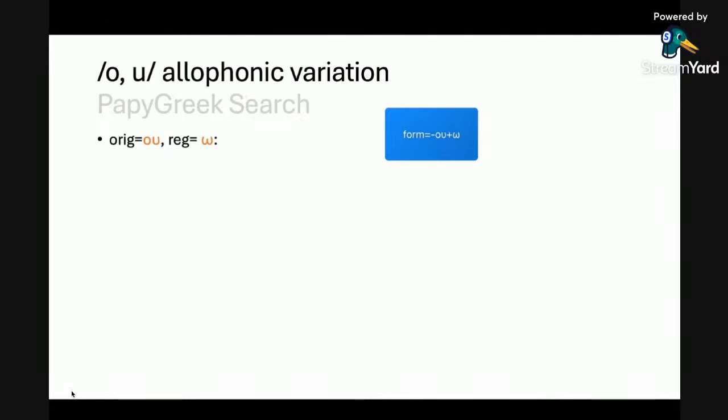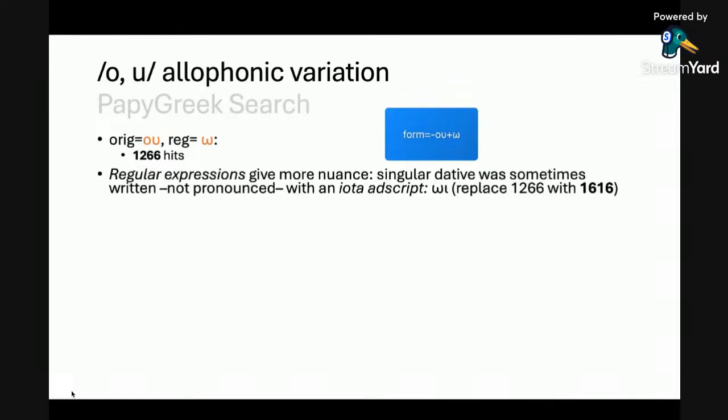So there's form equals minus omicron ypsilon and plus omega. Minus is original and plus is the regularized version, so what the editor thinks it should be. For these, we have this many hits.